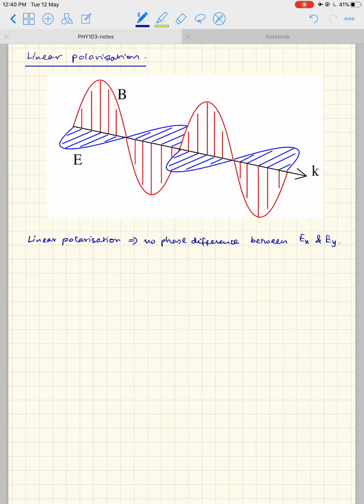So we will choose the overall phase. So let's write this.